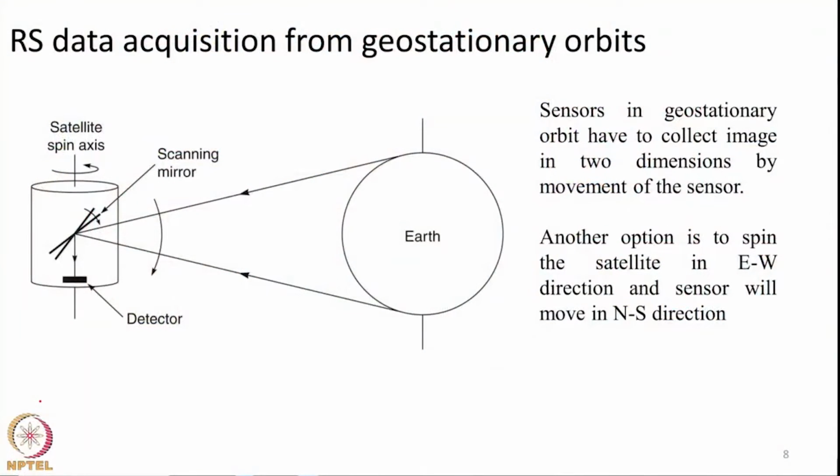So the scanner will essentially do a two-dimensional image collection. That is depicted in this particular figure. You can see a scanning element which scans both north-south, from top to bottom, and also east-west.